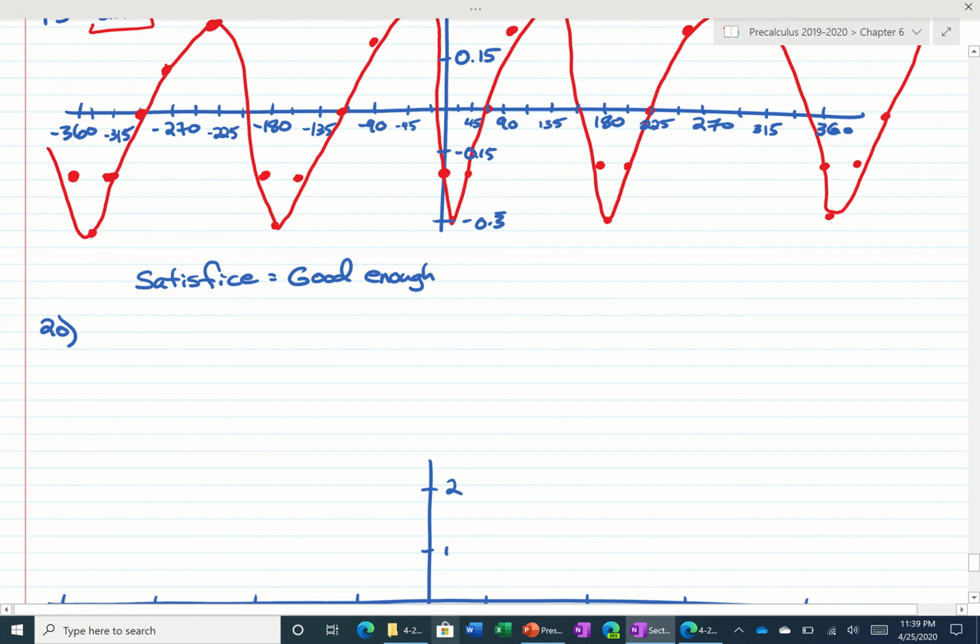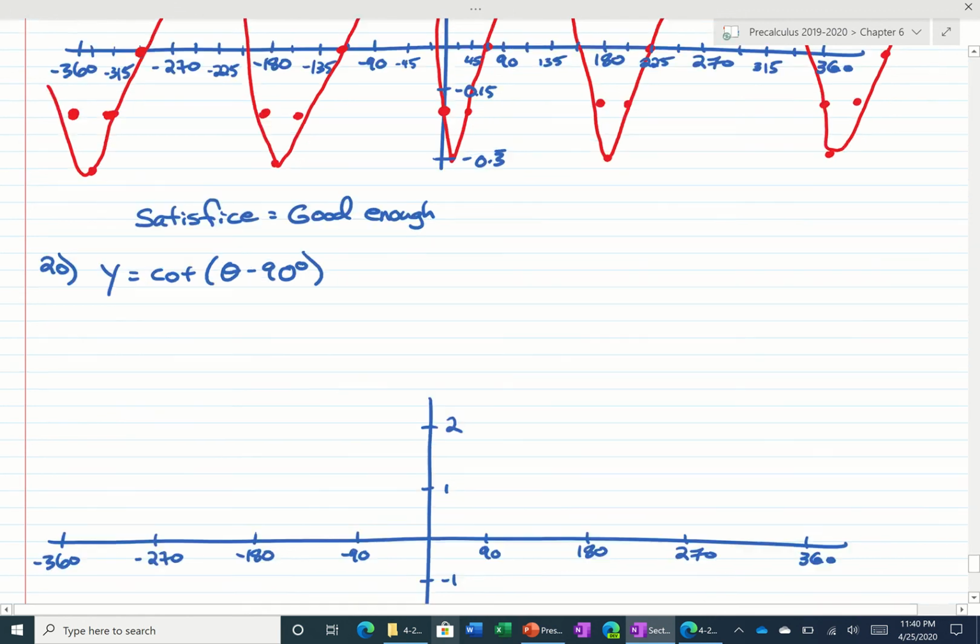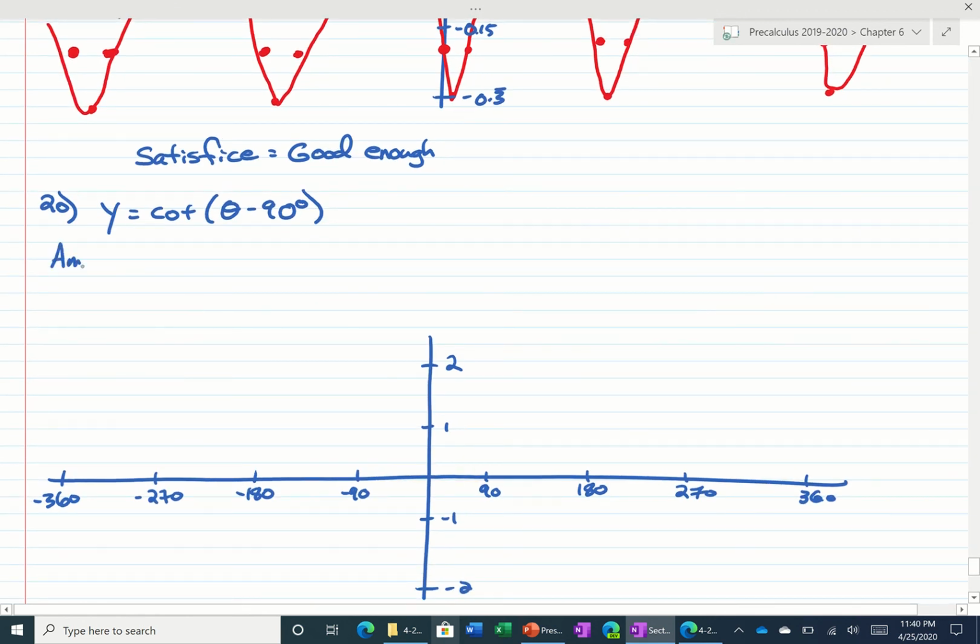Number 20, it says we have a cotangent. Y is equal to the cotangent of theta minus 90. So we know we don't have a cotangent button. The amplitude would be none. Period would be 180 divided by 1. Phase shift is 90 degrees to the right.